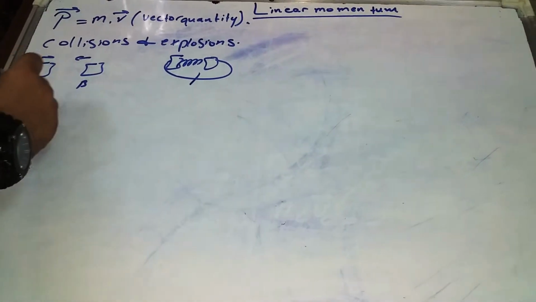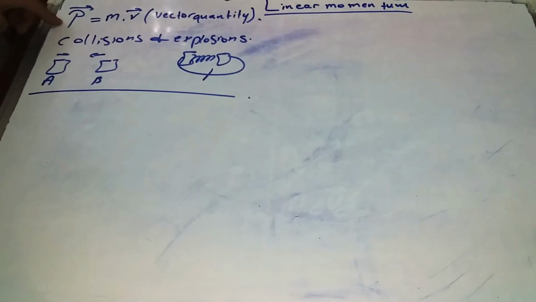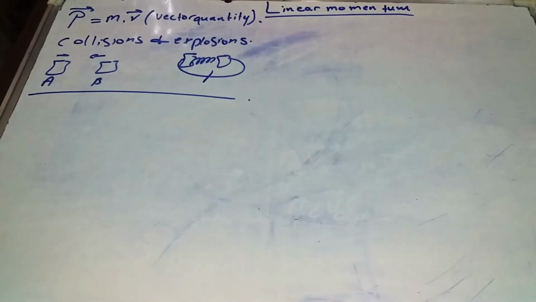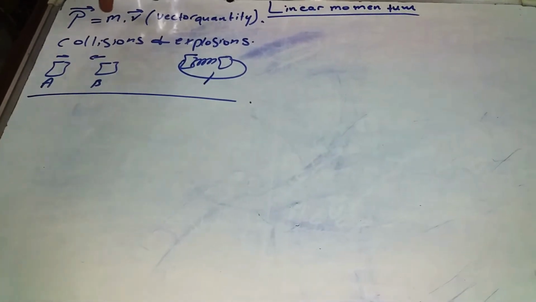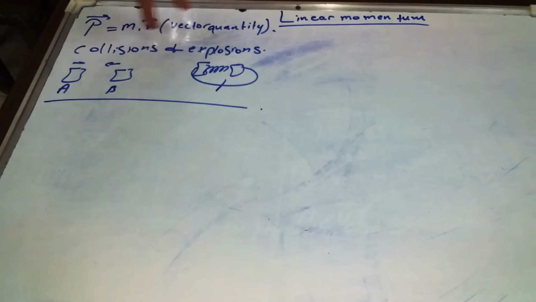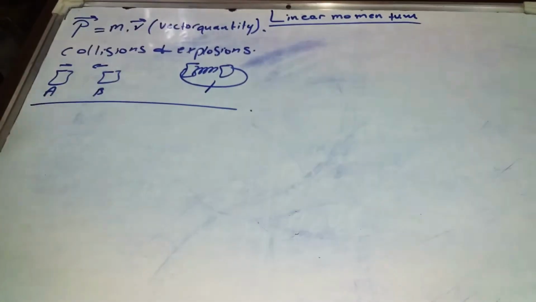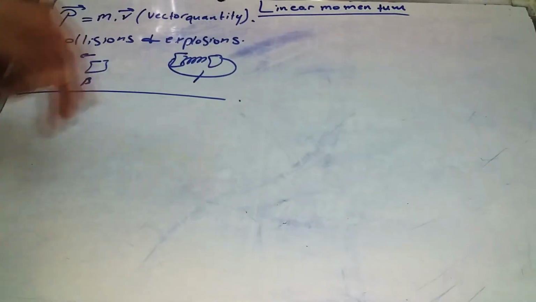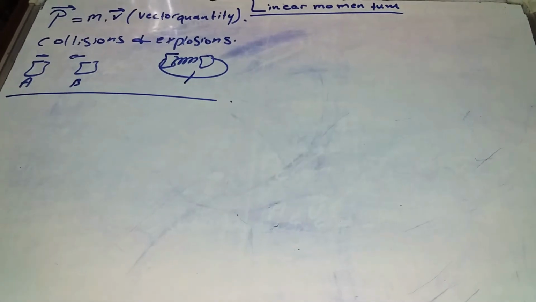Now, why linear momentum is here? Okay, as we said, the linear momentum studies two special cases, which are collisions and explosions, while Newton's second law couldn't, because Newton's second law studies the sigma F external.